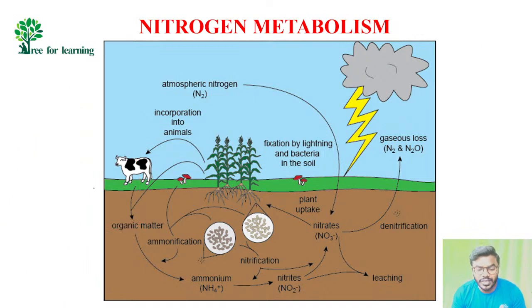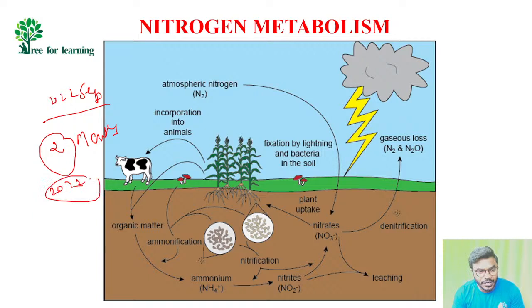If you look into the 2022 September paper, we got a simple 2 marks question. In the 2022 February paper, we did not get a question. But in the 2020 November paper, we got a 4 marker question.